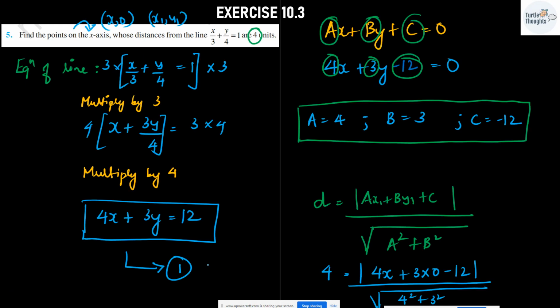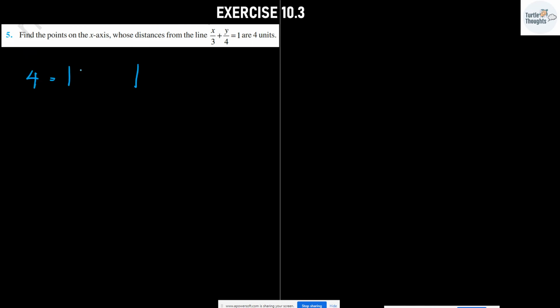I will be getting 4 is equal to the modulus of 4x plus 3 times 0, that is 4x minus 12, divided by root of 4 square is 16 plus 3 square is 9.